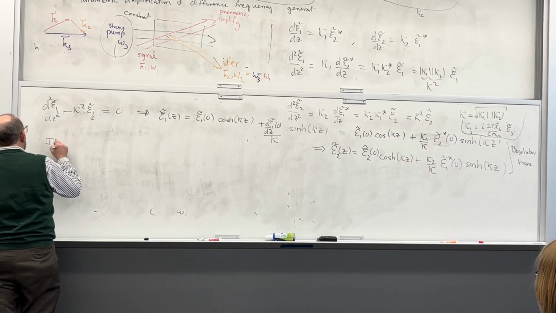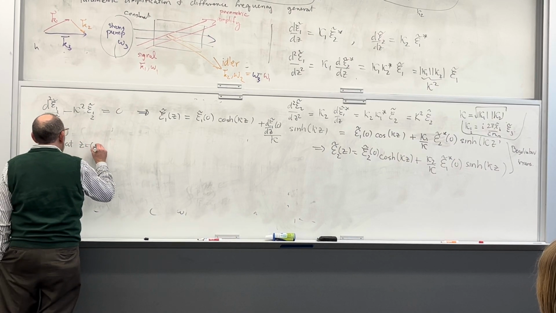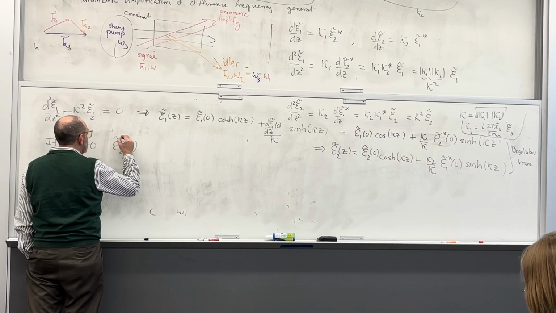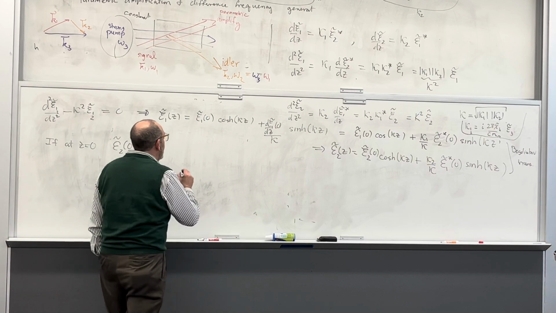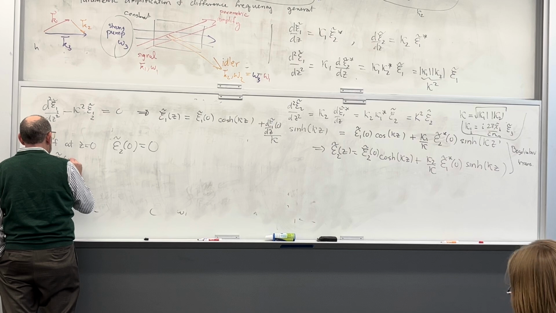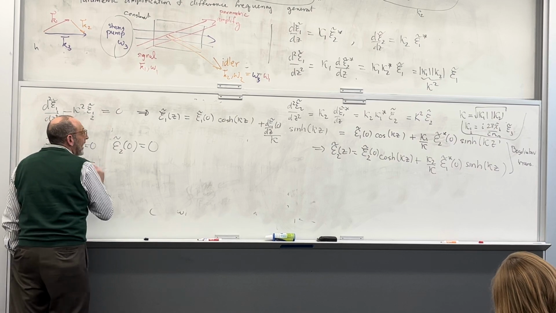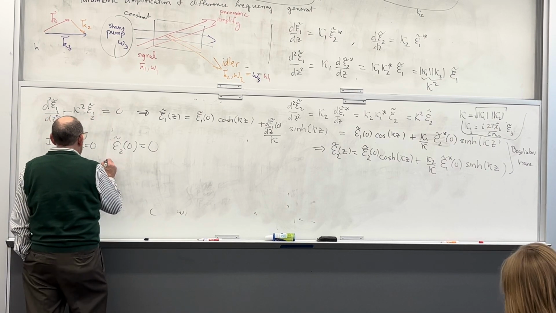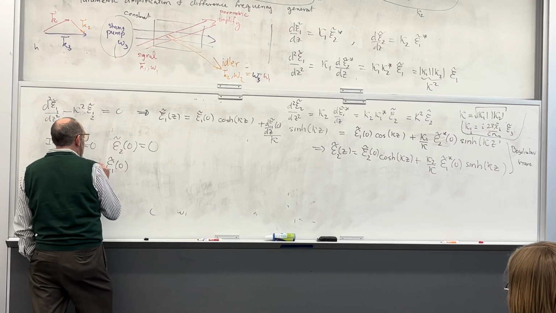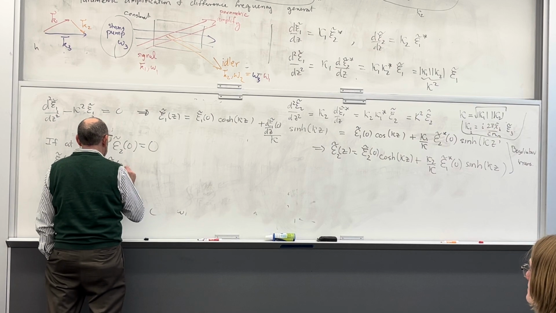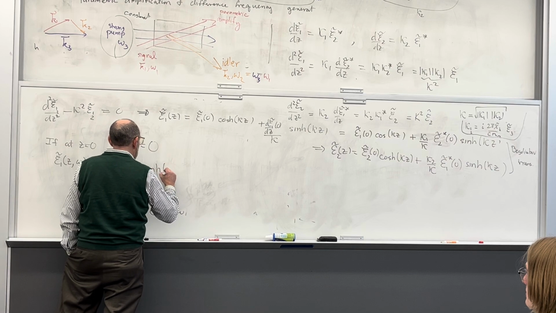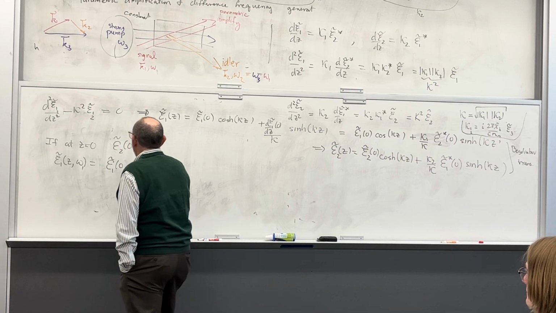So if at Z equals 0 we have no orange light coming in, then the red light at that frequency will be amplified.